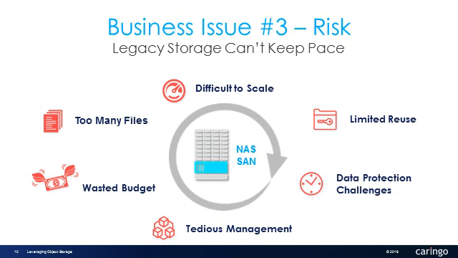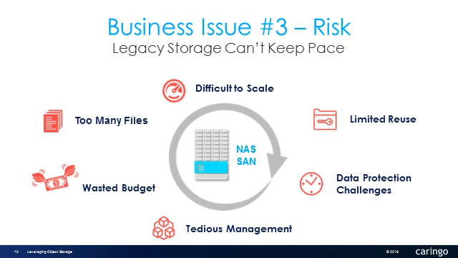The second element of risk we're seeing is lots of files, limited scale, and single points of failure. As I mentioned before, many traditional NAS solutions start to have issues beyond a petabyte and can't scale really well over 2 petabytes in any one location. So many organizations that we talk to are either approaching or exceeding those limits today.